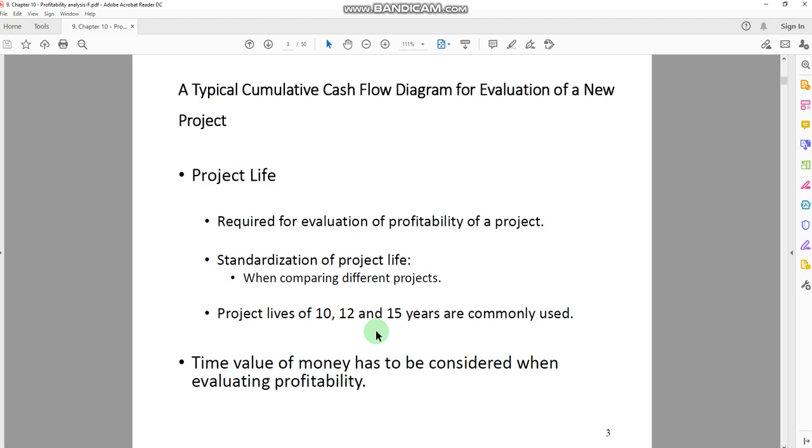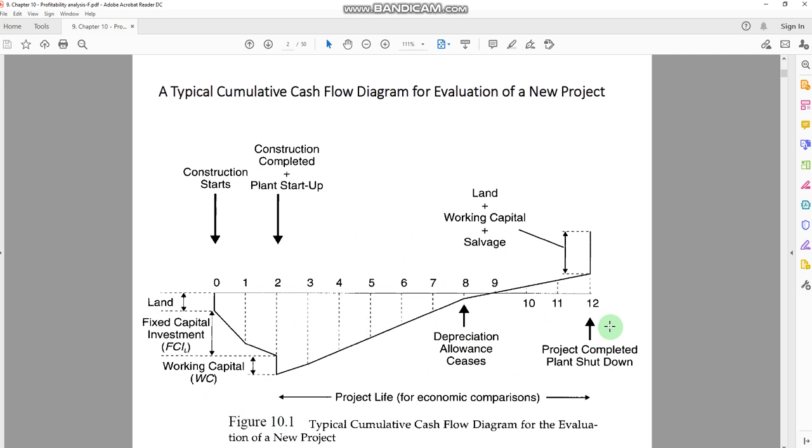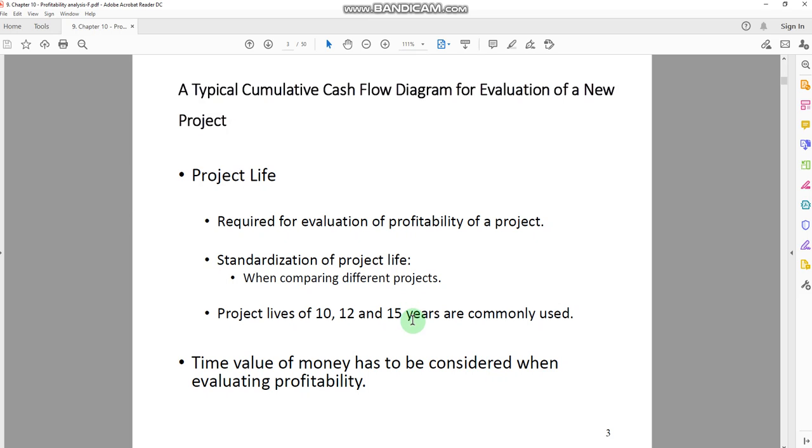Whenever we make the analysis to determine project feasibility, the typical life that we specify is between 12 to 15 years, but it will not represent the actual working lifetime of the project, because it can last maybe 25 to 30 years. So it is for the analysis, to see the profitability in 10 to 15 years.